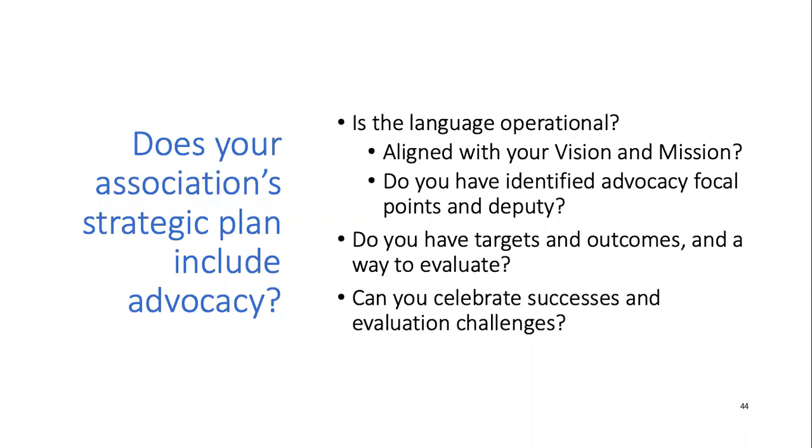So what I'd like you to think about is, does your association's strategic plan, hopefully you have one, include advocacy? Is the language, if you have it, operational? Is it aligned with your vision and mission statement? And do you have an identified advocacy focal point with a deputy?